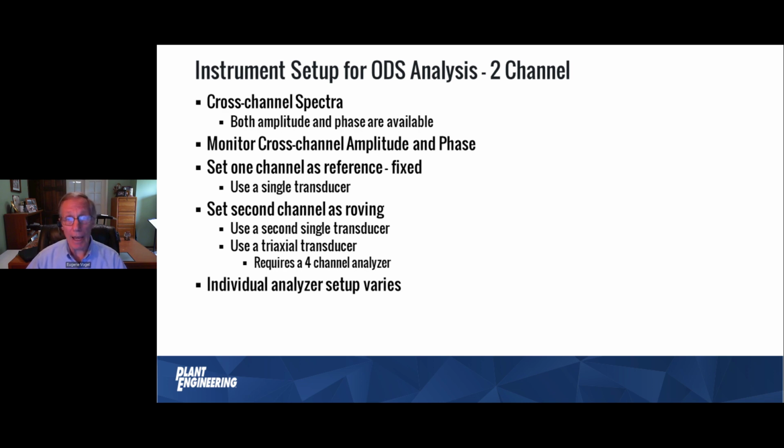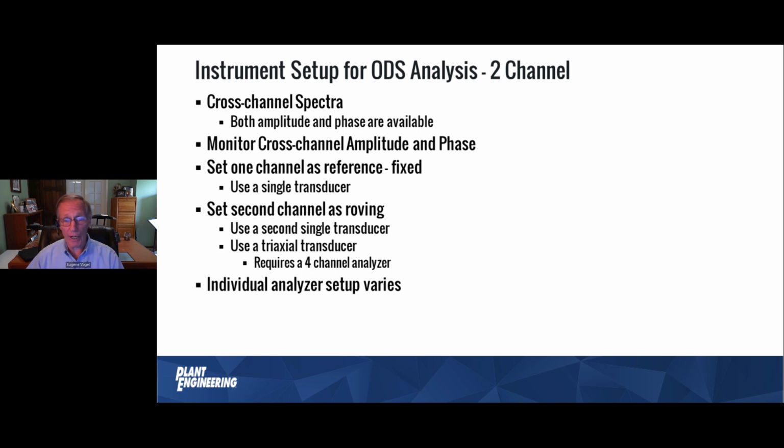If you happen to have a four-channel analyzer, which has become fairly common on the market, a four-channel analyzer would allow you to have a reference pulse pickup. Sorry, I misspoke. It would allow you to have a reference vibration pickup that stayed in one spot, and a triaxial pickup on the other three channels that could move from location to location.